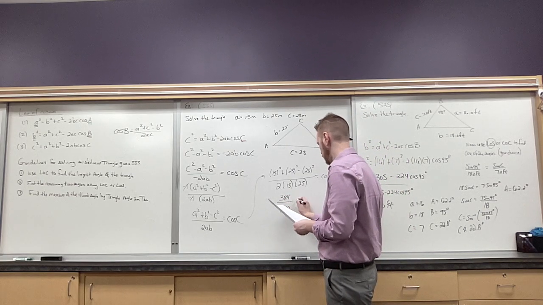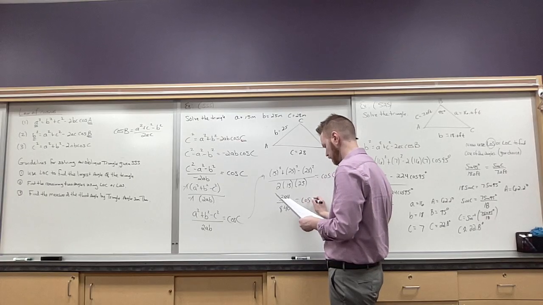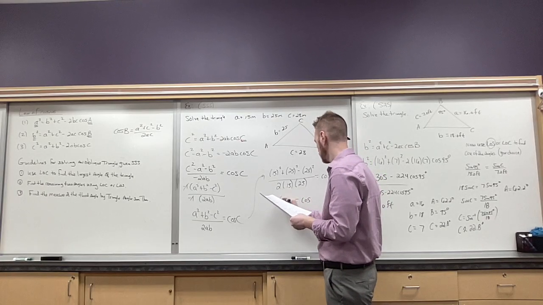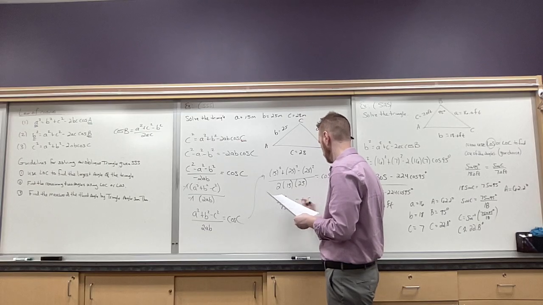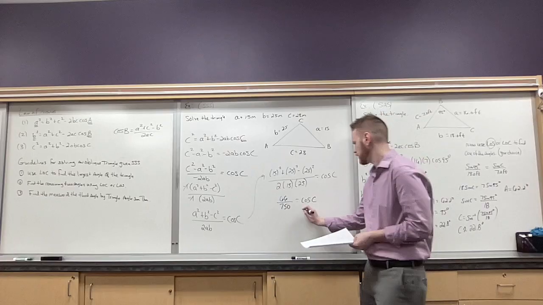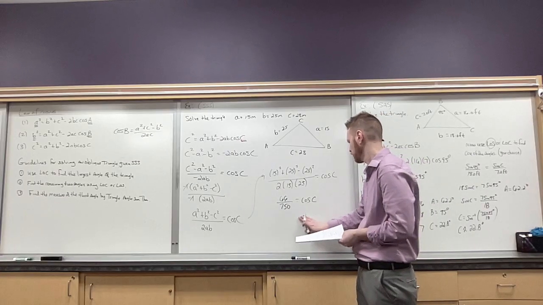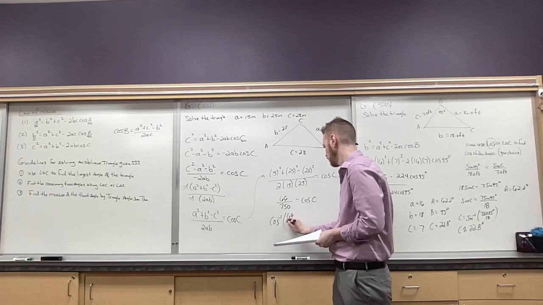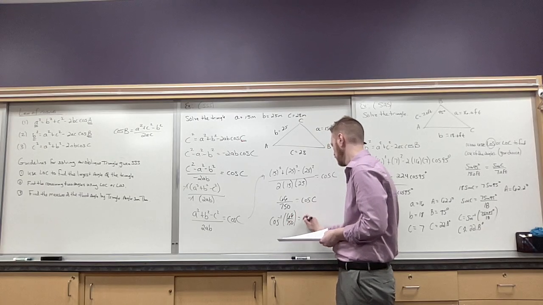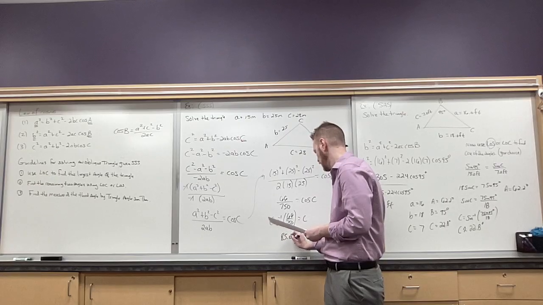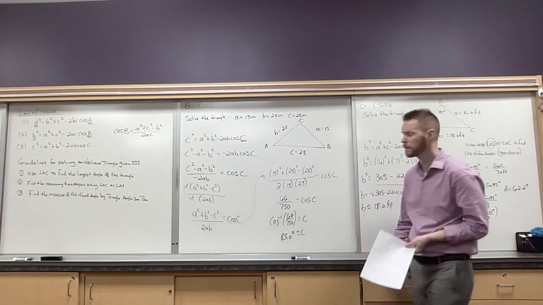So I'm going to go ahead and simplify. Numerator, denominator. And then my last step is take the inverse. And we get C to be 85 degrees. So we found an angle.